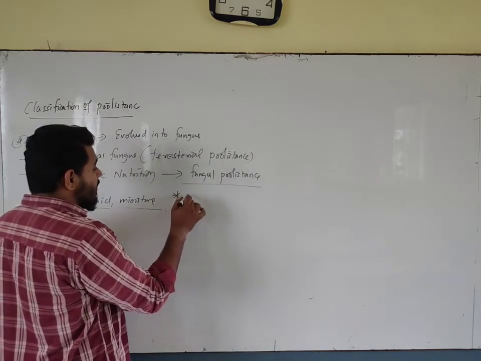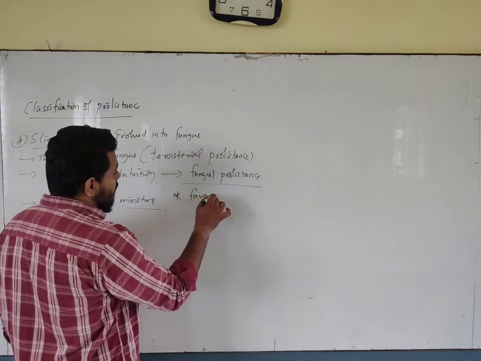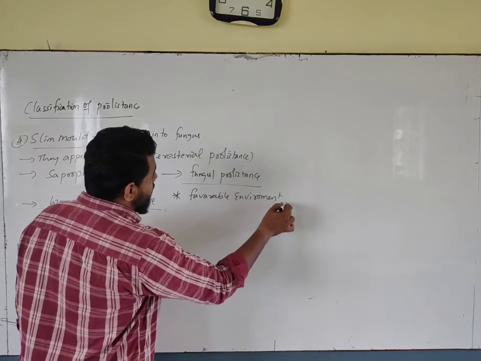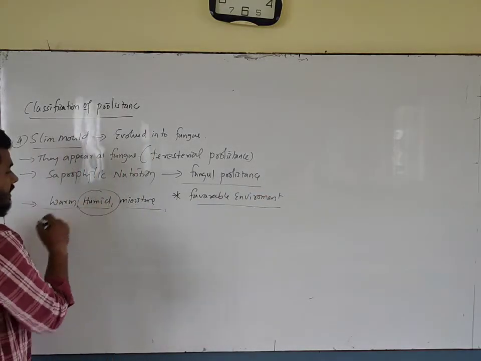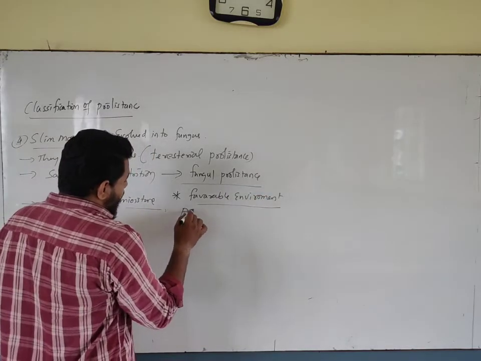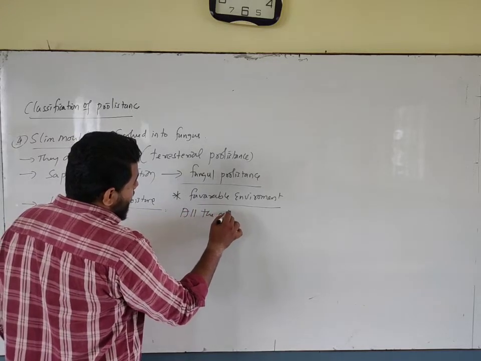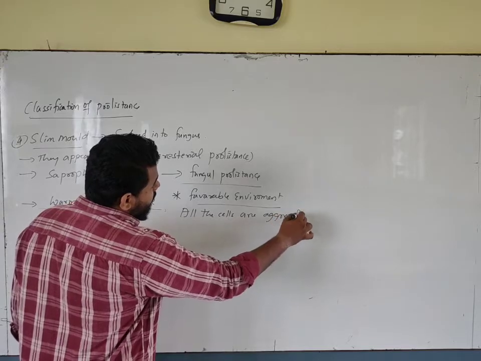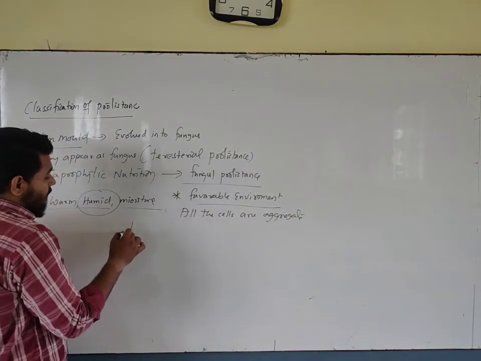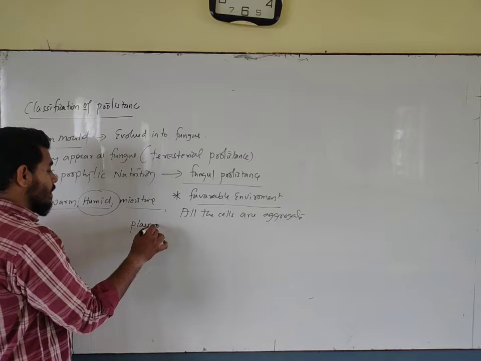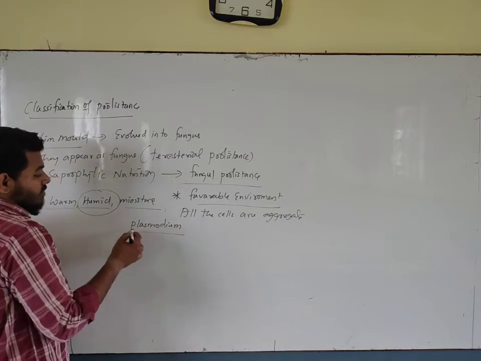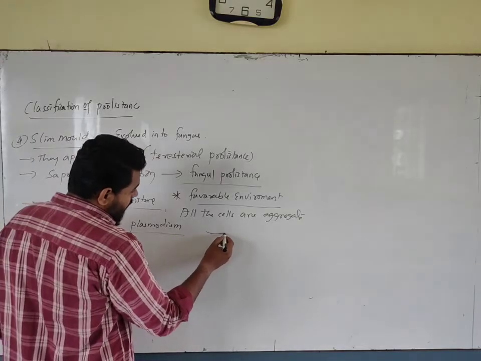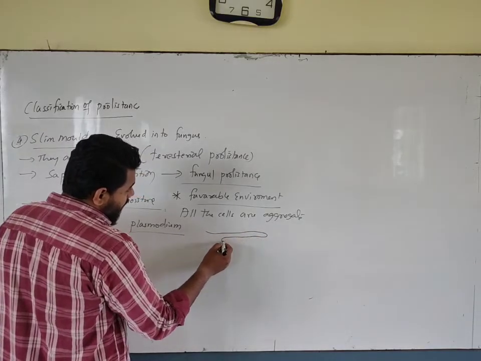So when the environment is favorable, when humidity conditions are there, all these cells aggregate, come together and form plasmodium shape. Okay, plasmodium shape means they are like water droplets.